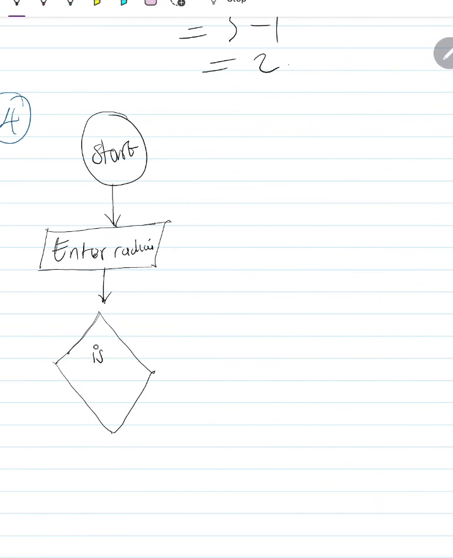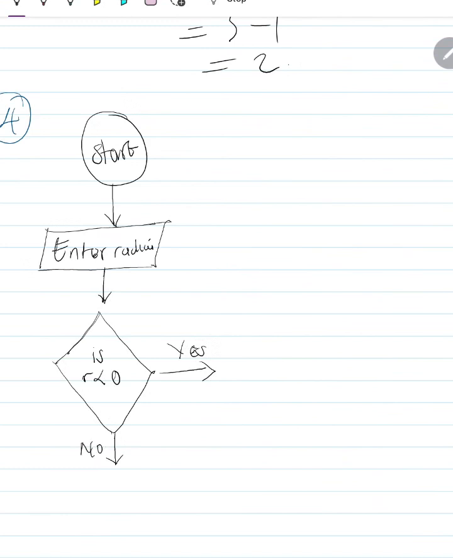So is r less than 0? So if you want, you can write radius in full or just r. It's not a problem. So you're going to go one direction where you have yes, or you're going to say no.